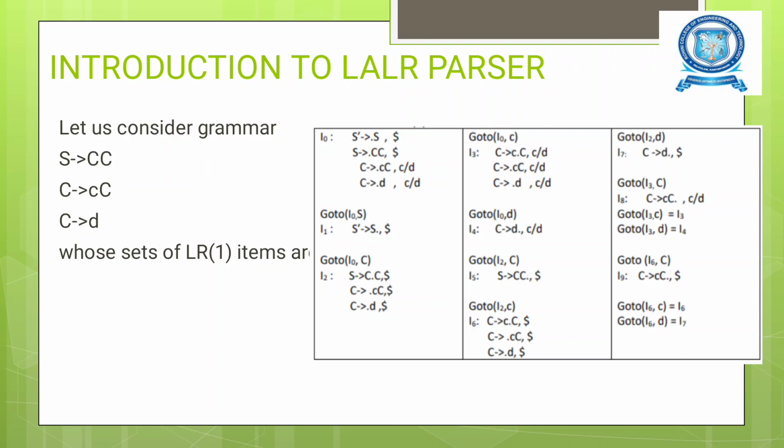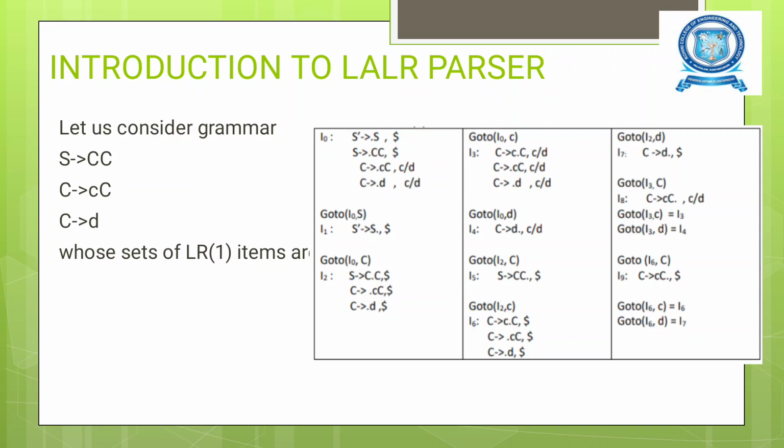For example, consider S implies CC, C implies small c C, and C implies d. First we construct the augmented grammar by introducing a new non-terminal S', that is, S' implies .S, with the second component dollar.